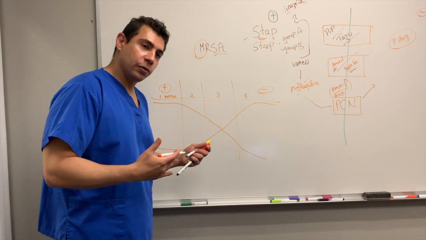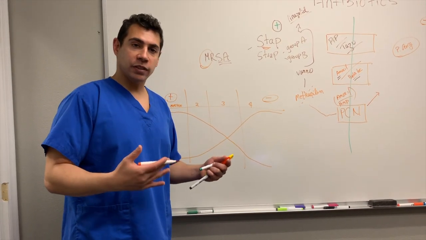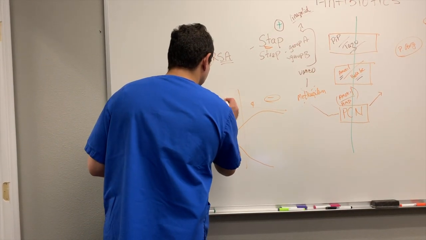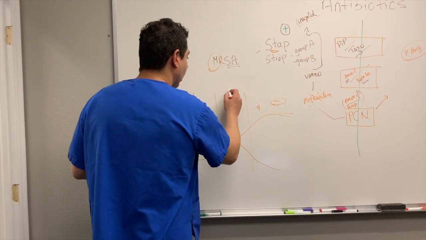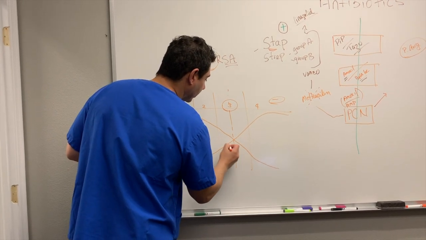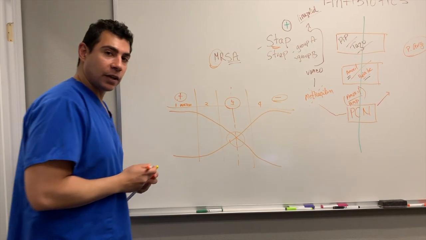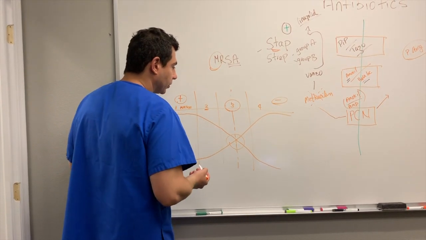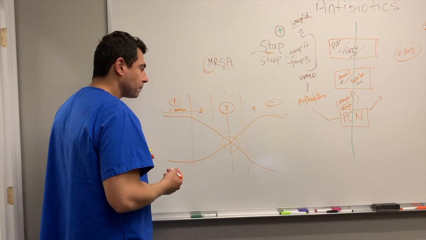In our office we use Rocephin a lot, which is Ceftriaxone. Which generation is that? 3. Correct. Third generation cephalosporin. So it's covering many of the organisms, gram positives and gram negatives, and you can still use some second generations with safety.